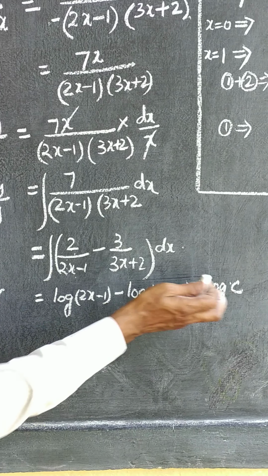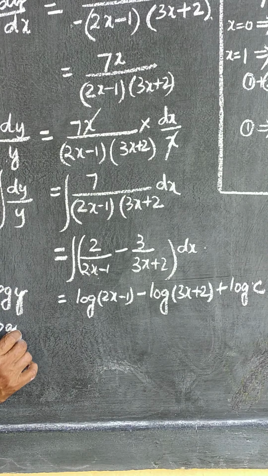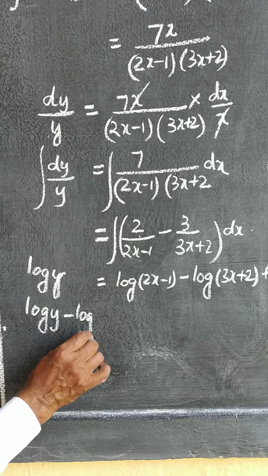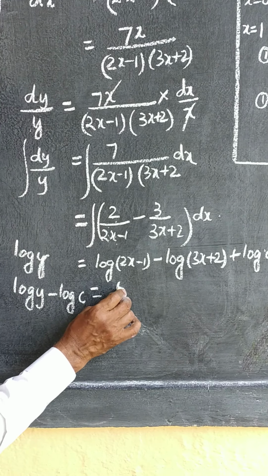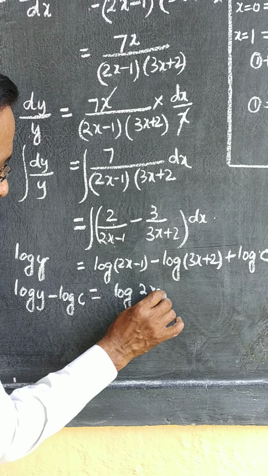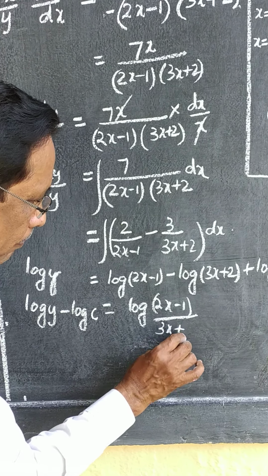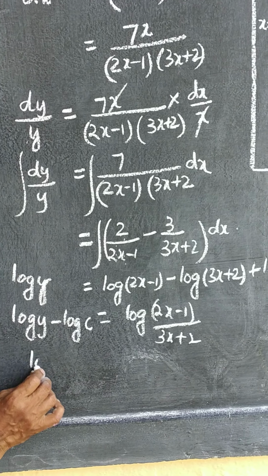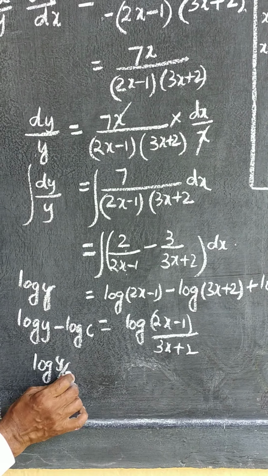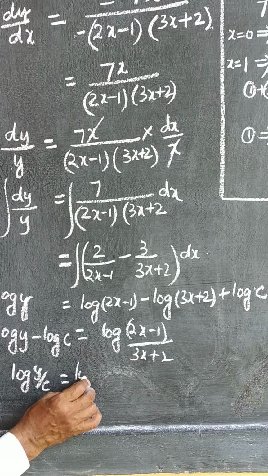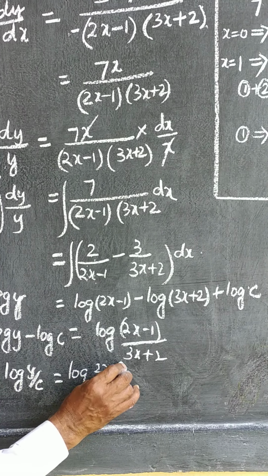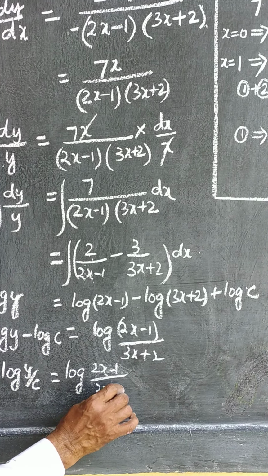Now you can take this log y minus log c is equal to log of 2x minus 1 divided by 3x plus 2. Here also log y by c is equal to log 2x minus 1 by 3x plus 2.